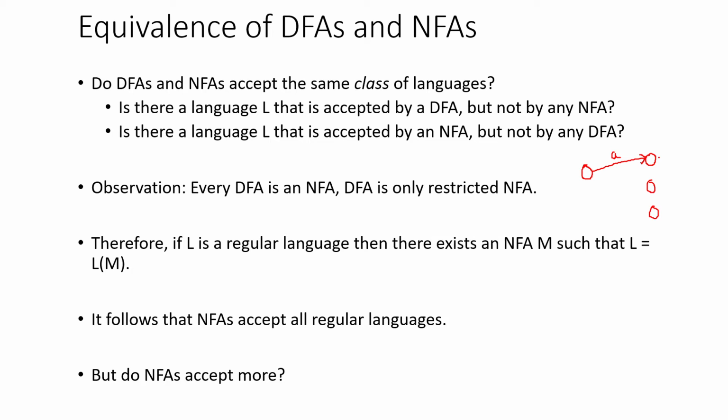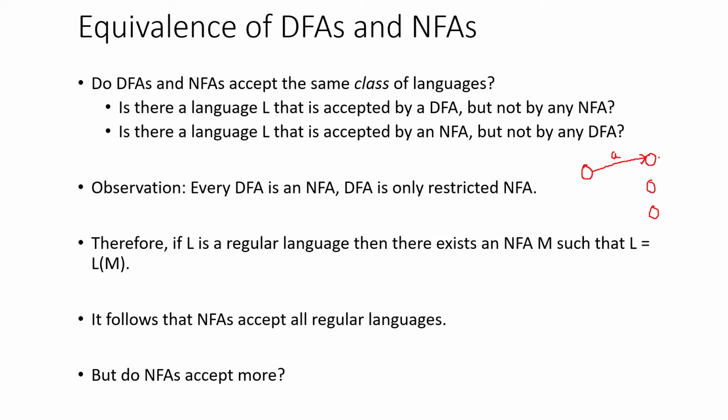So naturally, if L is a regular language, why are we saying regular? This regular language comes into the picture because DFA, NFA, all these finite state machines basically accept the language which is regular, which is generated by some regular grammar.